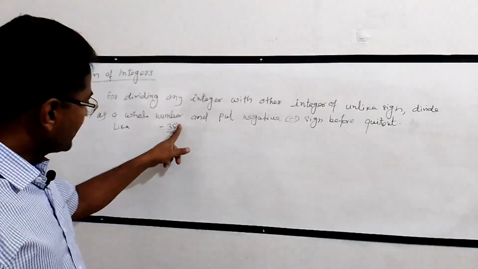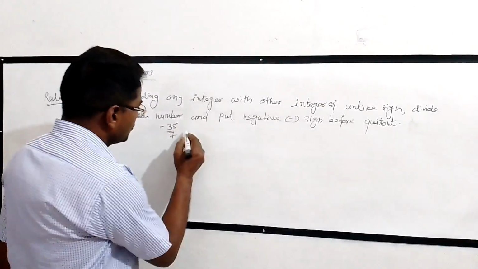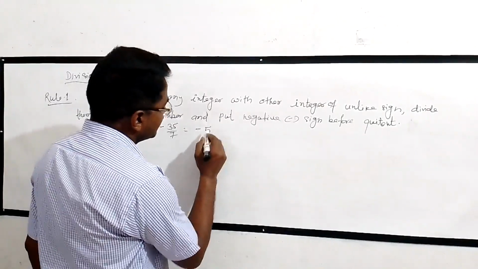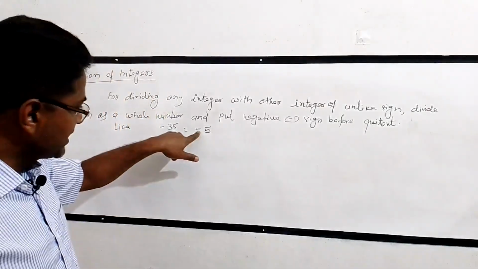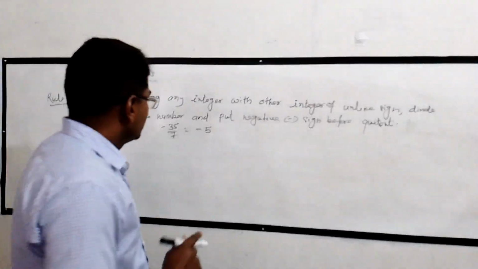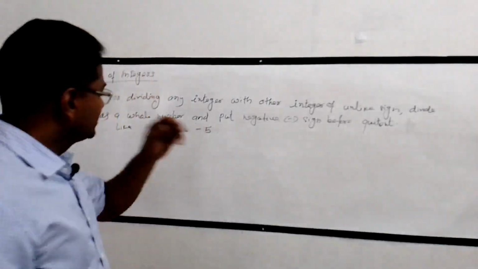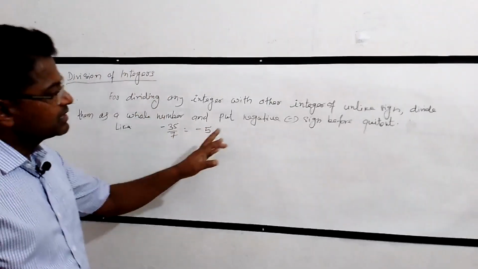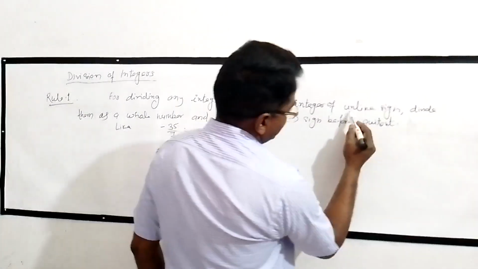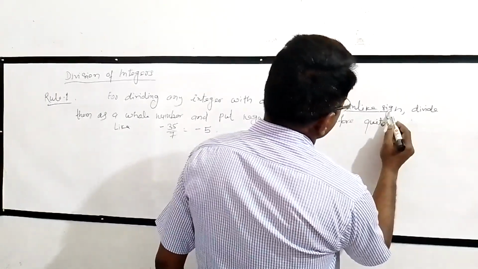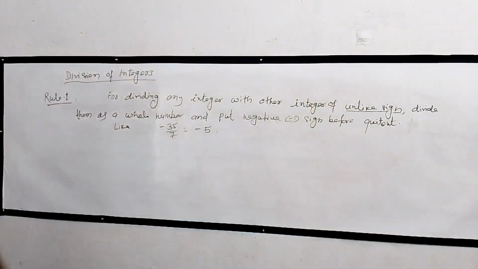So we are dividing minus 35 by 7, and you will get minus 5. So simply put the negative sign before the quotient. This is the case where the two integers are unlike. In case of integers of unlike sign, you will do like this.